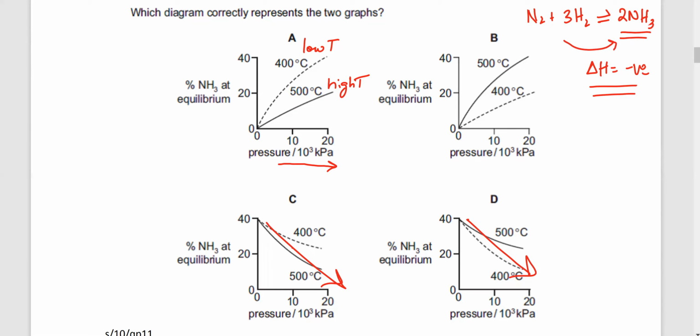If you lower the temperature, which reaction is favored? Oh, if you lower the temperature, then the exothermic reaction is favored, which means you get more ammonia at lower temperature, right? So that's why it's going to be A. So the lower temperature graph would actually have more ammonia. It's going to be higher.